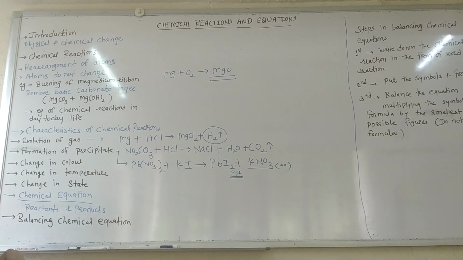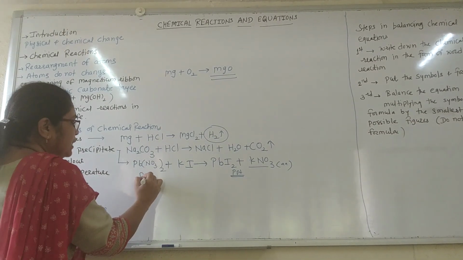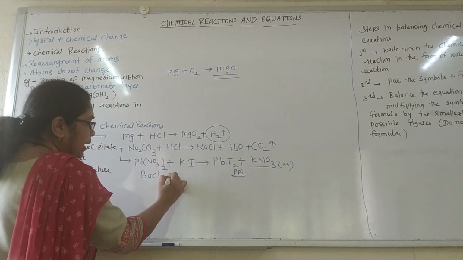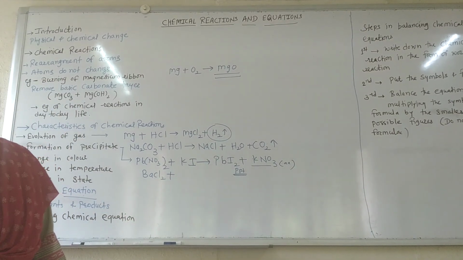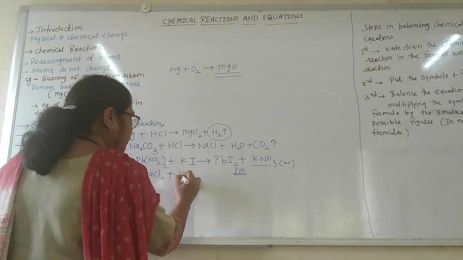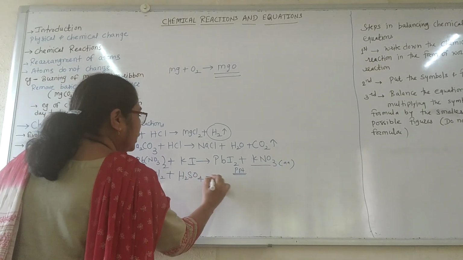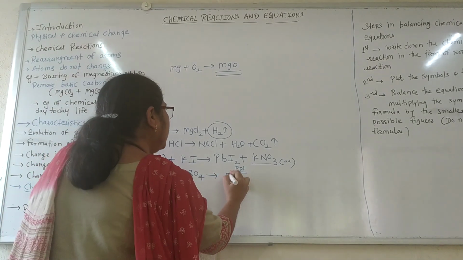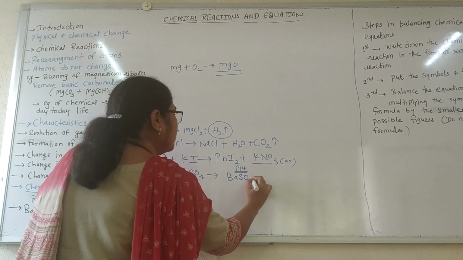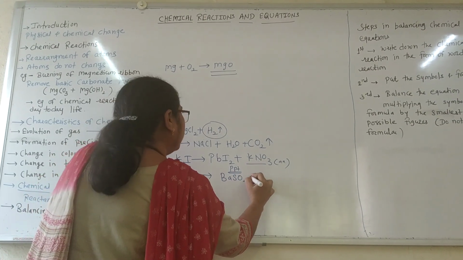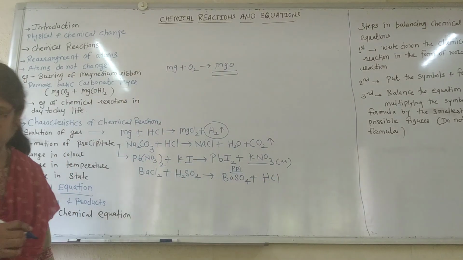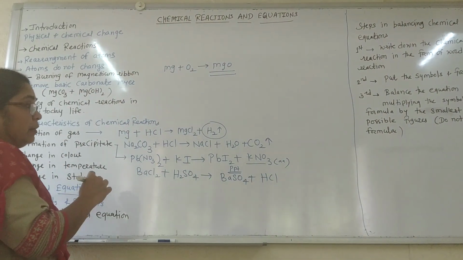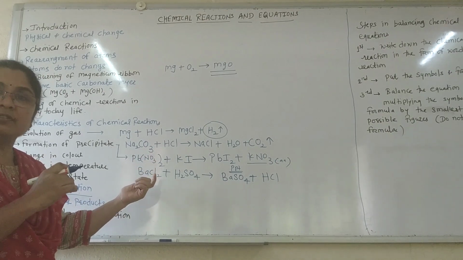One more example we can take here. BaCl2, barium chloride, plus H2SO4 gives BaSO4, barium sulfate, plus HCl. I am not balancing your equations.